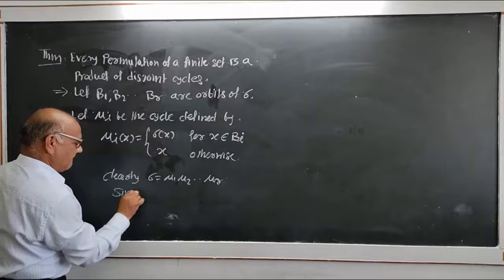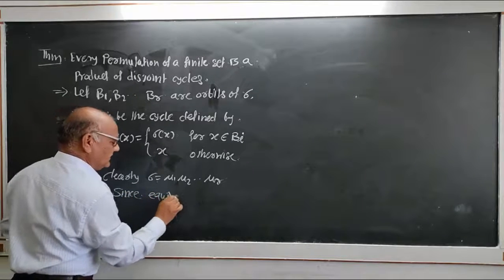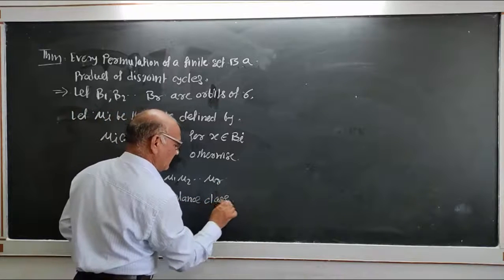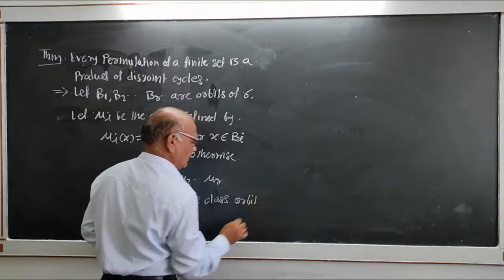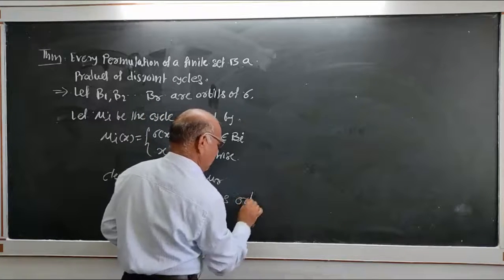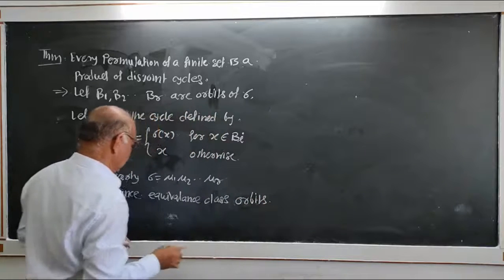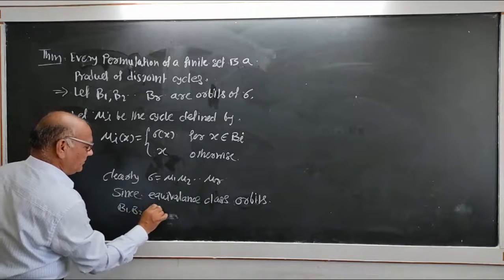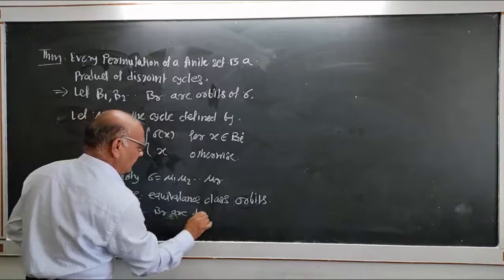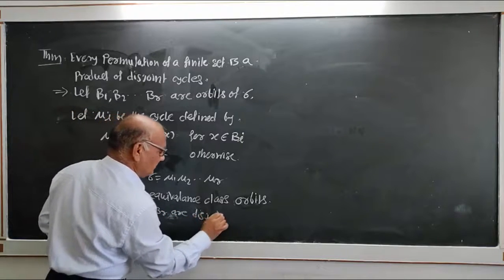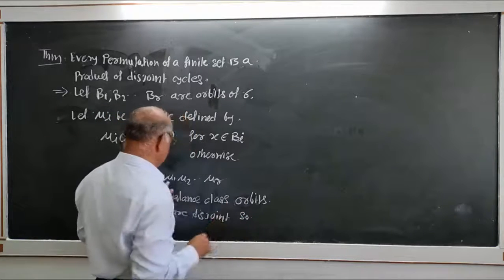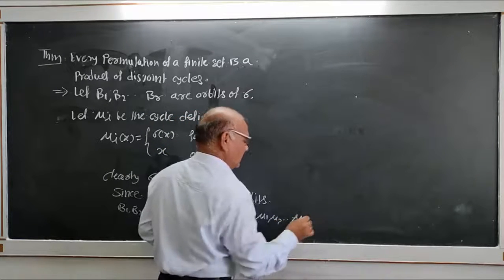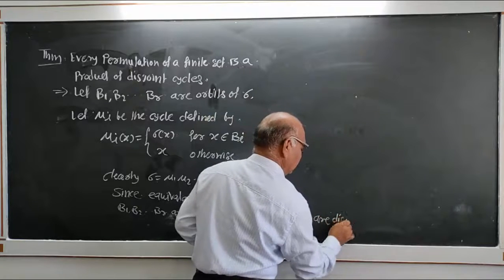Since the orbits B1, B2, ..., Br are disjoint, mu1, mu2, ..., mu r are disjoint cycles.